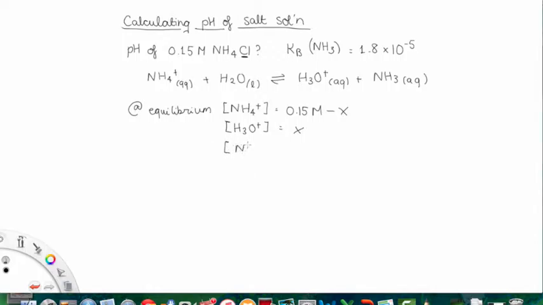And finally, for NH3, it's also going to be X. So in your case, if you want to draw out the ice table, that's also a very good idea. But in this case, I'm just skipping that step.